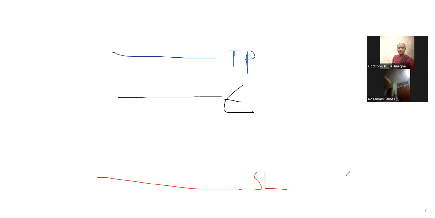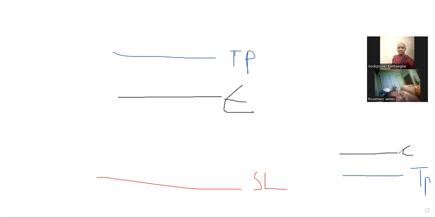Your take profit is here, your entry point is here, then your stop loss is here.